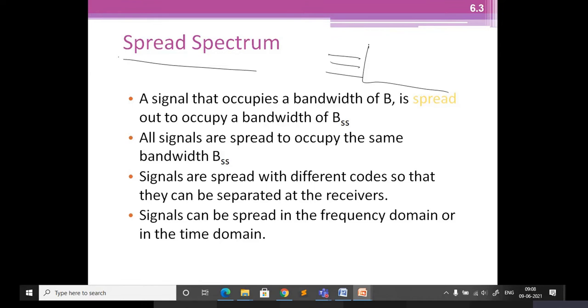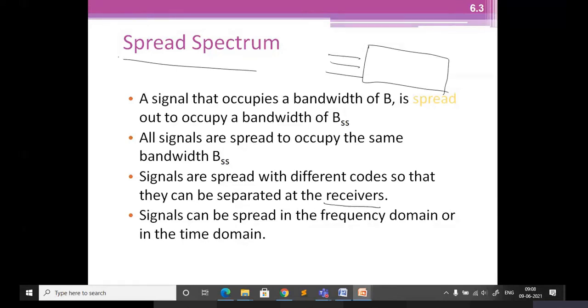How exactly is this spread spectrum bandwidth designed? What is the technique used? We are going to discuss that using those two methods, FHSS and DSSS. Signals are spread with a different code so that they can be separated at the receiver.